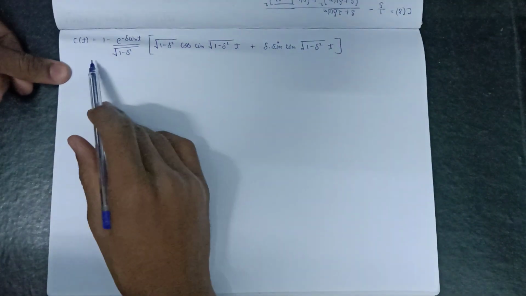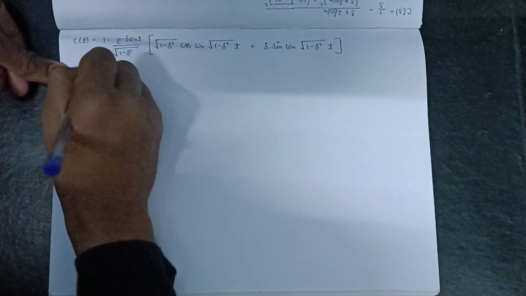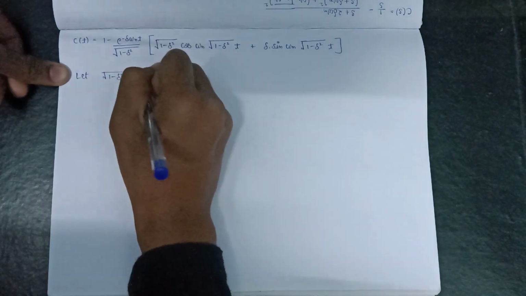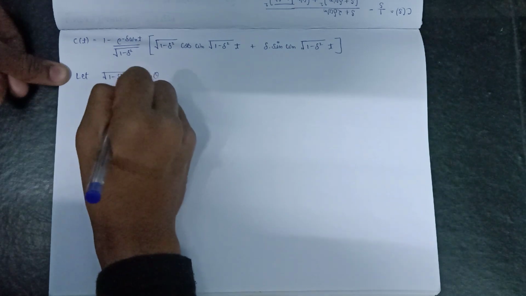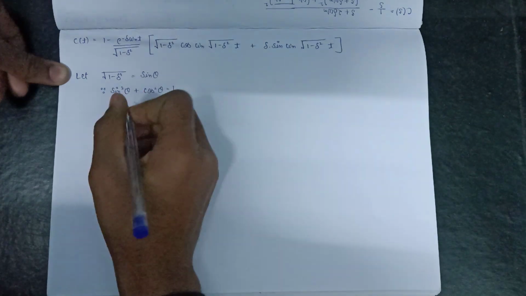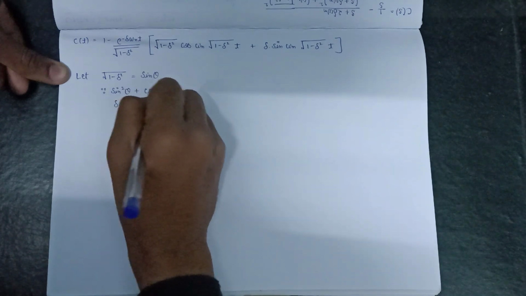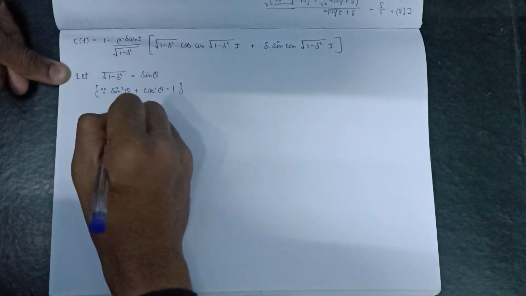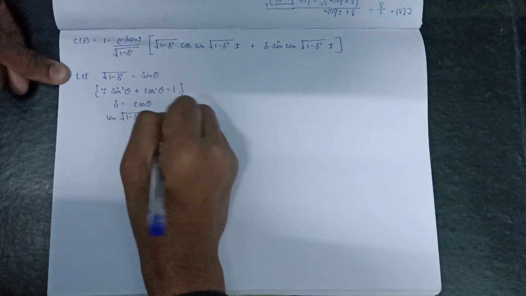So we have evaluated the value of c of t. Now let under the root 1 minus del square equals sin theta, and since we know that sin square theta plus cos square theta is equal to 1, here del will be equal to cos theta, and also we put omega n under the root 1 minus del square equals omega d.